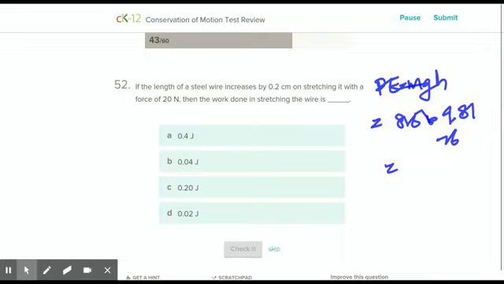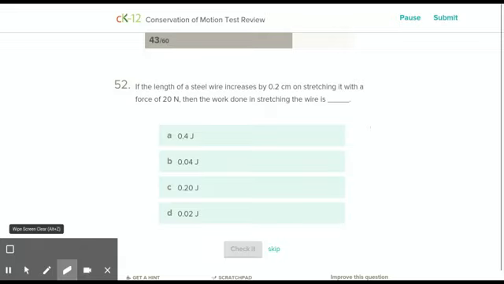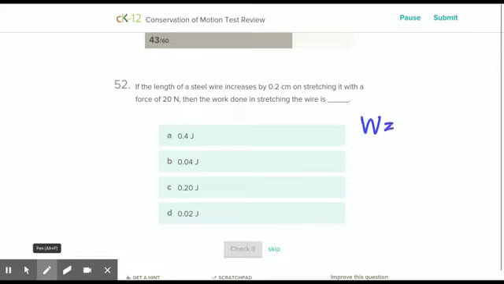If the length of a steel wire increased by 0.2 centimeter on stretching it with a force of 20 Newton, then the work done stretching the wire. Well, we didn't really work too much on the work, but work is force times distance, okay? Work is force times distance.